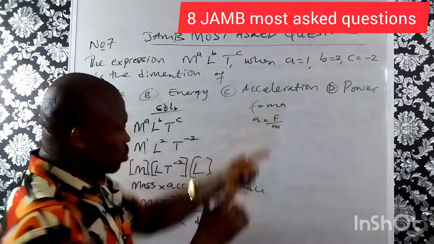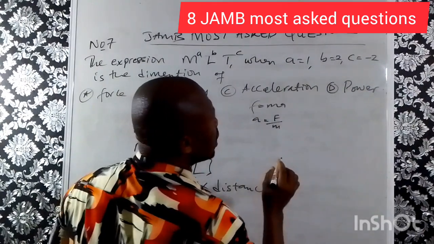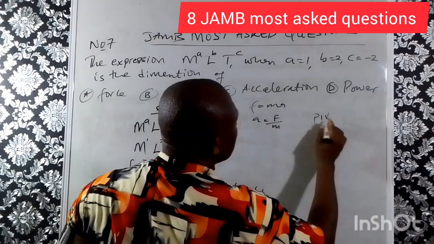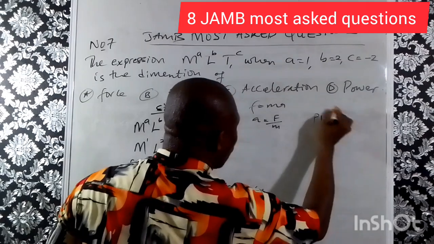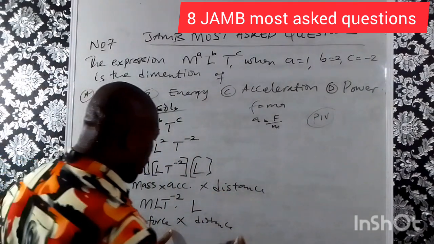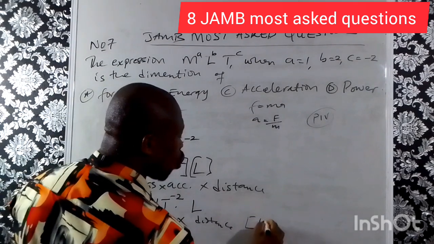No, it's out. Power. Power is of course out from this. Now, this one that has this is, of course, force times distance. We all know that force times distance is work.